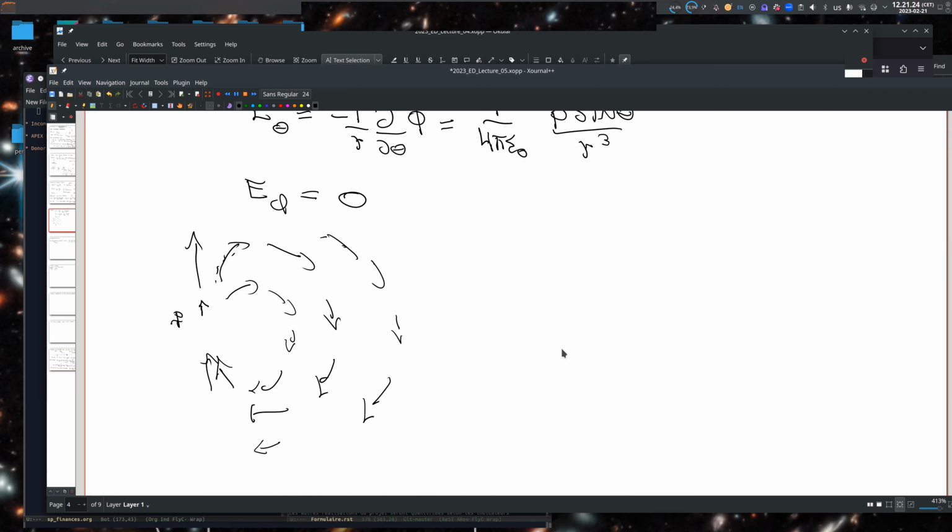Maybe as a final comment, how do you understand the different moments coming one after the other? I think it's pretty clear what the monopole term is. It's the sum of all the charges that you have. Any residual non-zero value after you sum all the charges together gives you the monopole term.